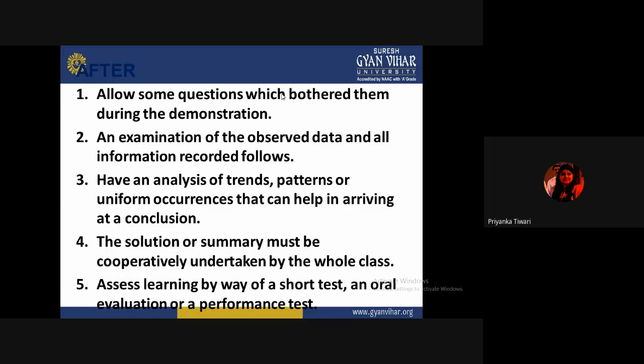Have an analysis of trends, patterns or uniform occurrences that can help in arriving at a conclusion. The solution or summary must be cooperatively undertaken by the whole class. Assess learning by way of a short test, an oral evaluation, or a performance test.